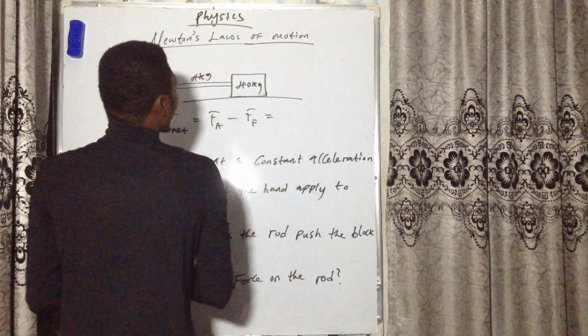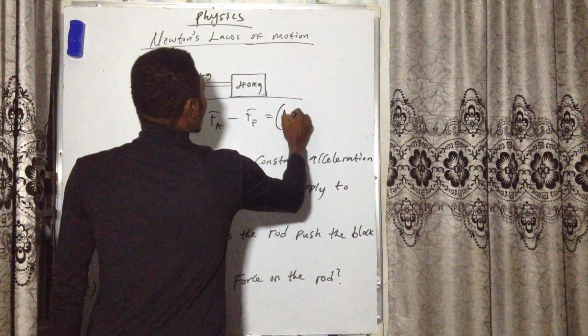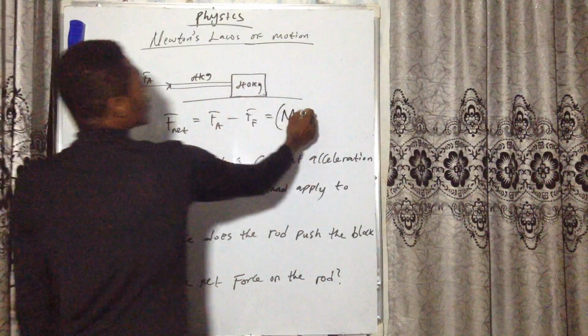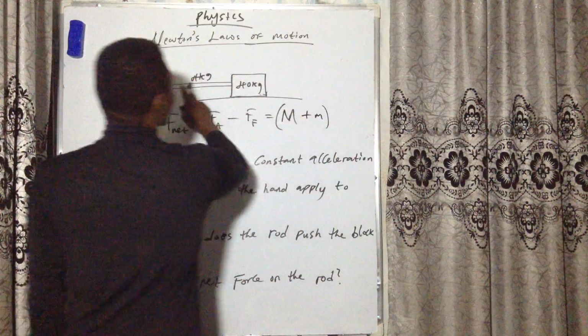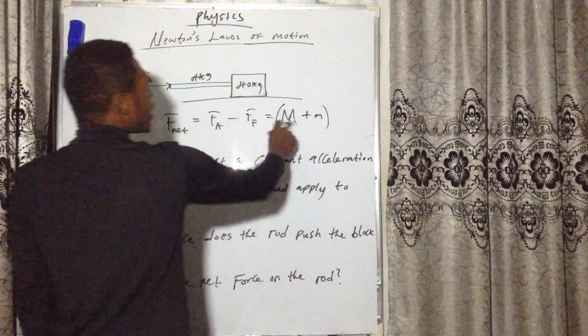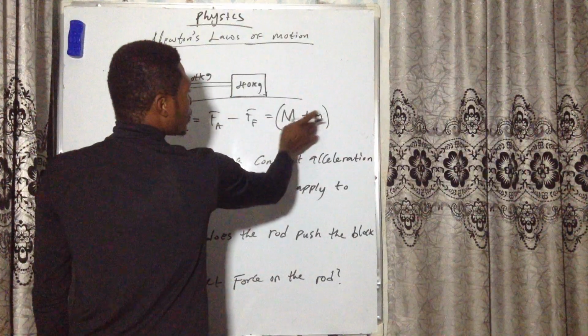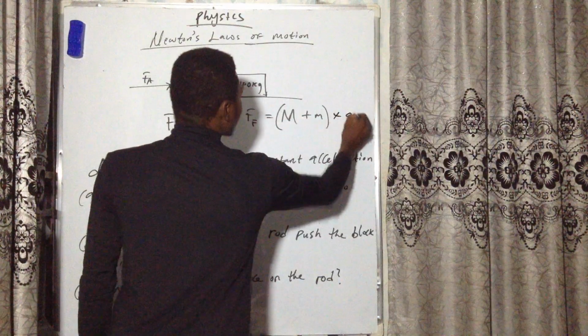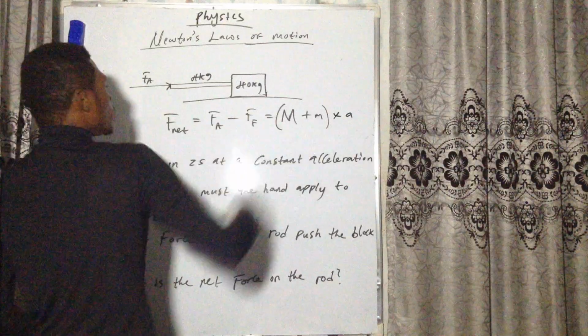See what we have now. We have the capital letter M for the block, while the small letter m is for the rod. So that is the combined mass, M plus m, times acceleration. So this is the equation for the net force.